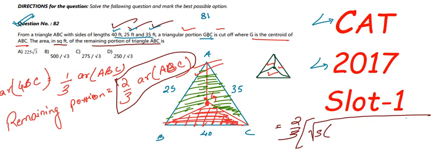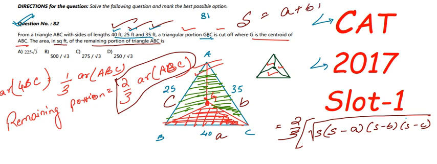The formula is root over s into s minus a into s minus b into s minus c, where a, b, c are the sides. This is our a, this is our b, and this is our c, and s is equal to a plus b plus c divided by 2. So basically this is the general Heron's formula.